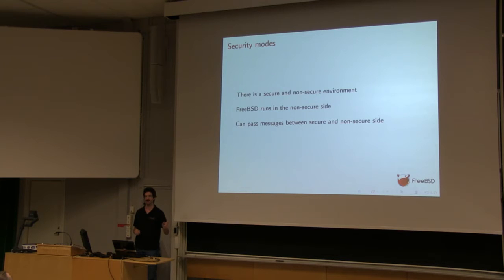When I say trusted, I mean trusted by the vendor. And there's the untrusted by the vendor code, which is where FreeBSD runs, because that's where most operating system code works. And there's ways of passing data between them. So most of what we're interested in here is running on the non-secure side, because we're untrusted.